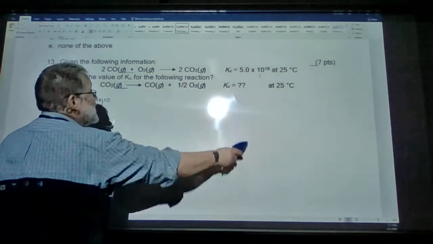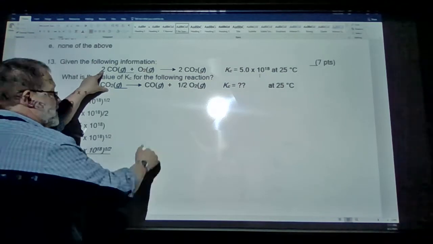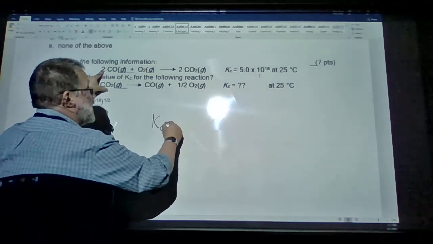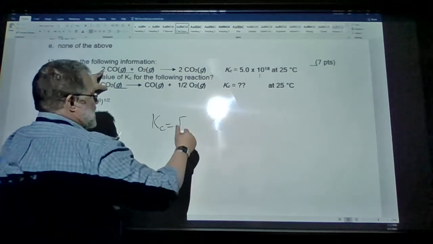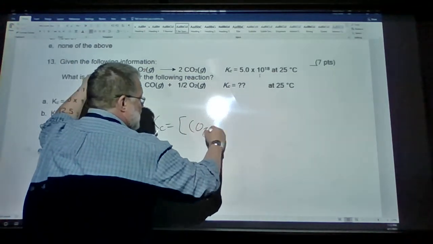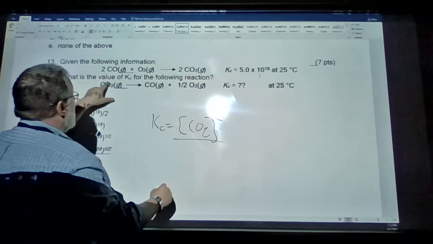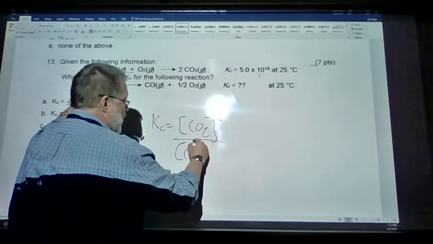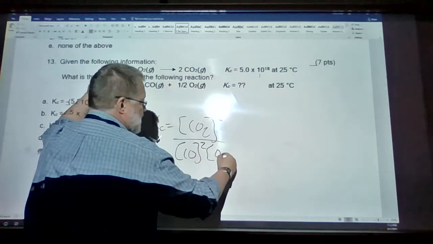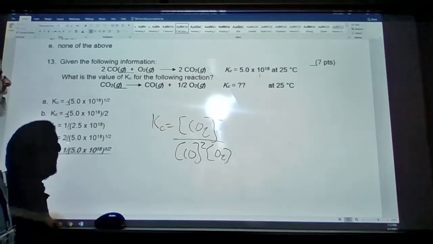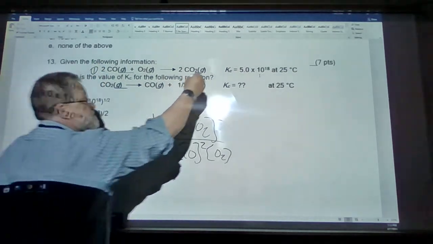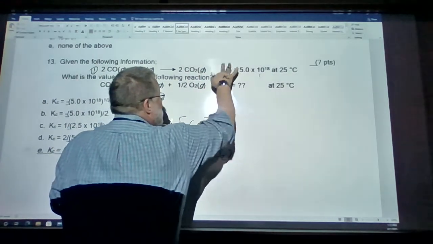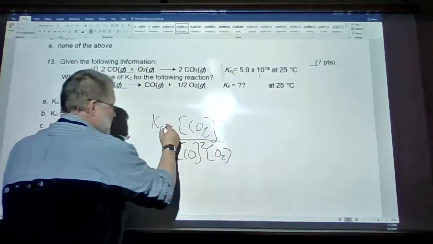So if written this way, K sub C is equal to the concentration of CO2 squared over the concentration of CO squared times the concentration of O2 for this first reaction. This is K sub C1.